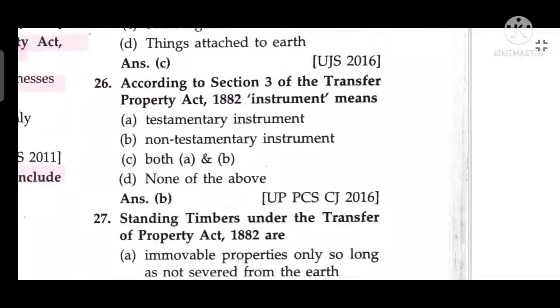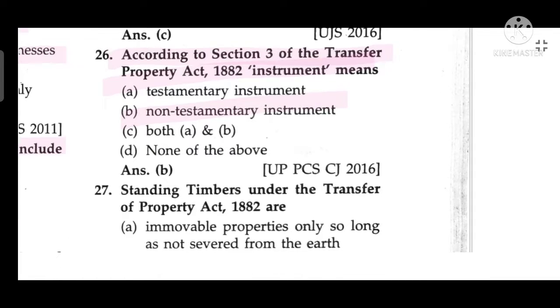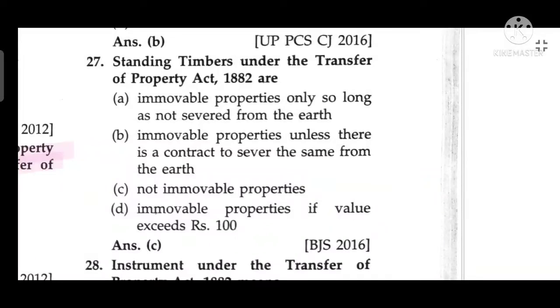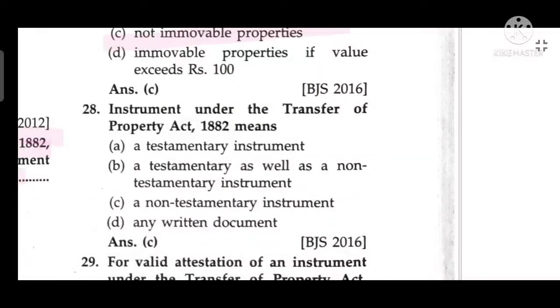Which one of the following is not immovable property? Standing timber. According to Section 3 of the Transfer of Property Act 1882, instrument means non-testamentary instrument. Standing timber under the Transfer of Property Act 1882 is not immovable property.